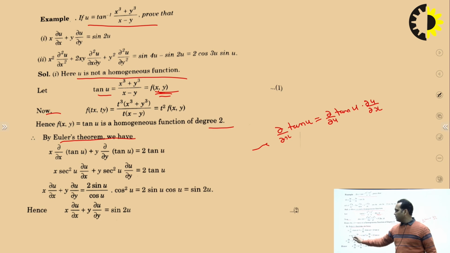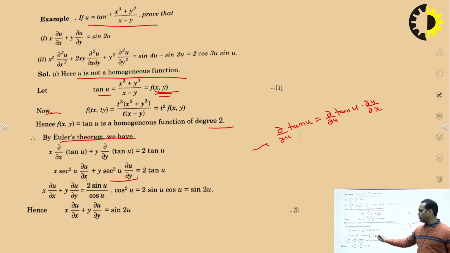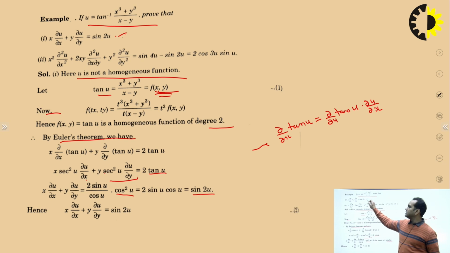So x sec²u ∂u/∂x + y sec²u ∂u/∂y = 2 tan u, because the derivative of tan u is sec²u. So x ∂u/∂x + y ∂u/∂y = 2 (sin u/cos u) cos²u, which implies 2 sin u cos u = sin 2u. So this is verified.